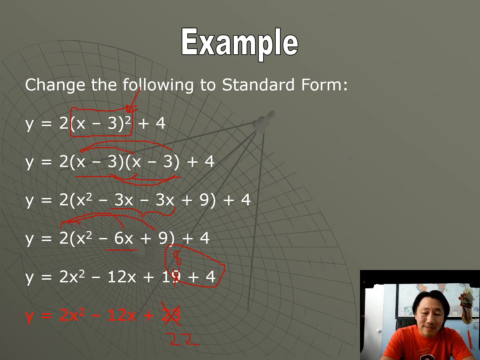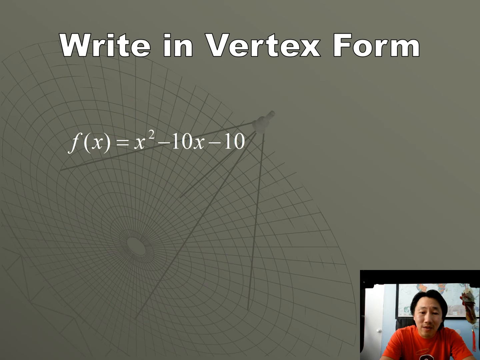And so there it is, standard form, y equals 2x squared minus 12x plus 22. Okay, your a is the 2, your b is negative 12, and your c is positive 22 in standard form. Pretty nice.